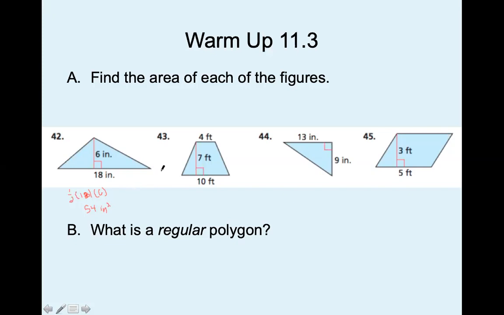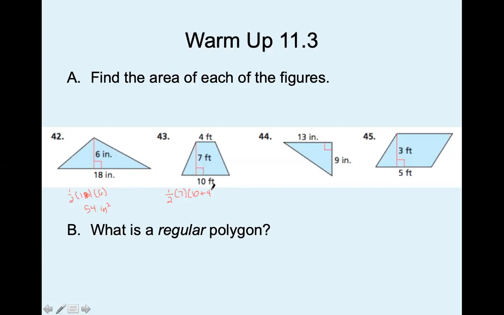All right, on our second one, this is a trapezoid. To find the area of a trapezoid, we're going to do 1/2 times the height, which is 7, times the sum of the two bases. Our two bases are 10 and 4.